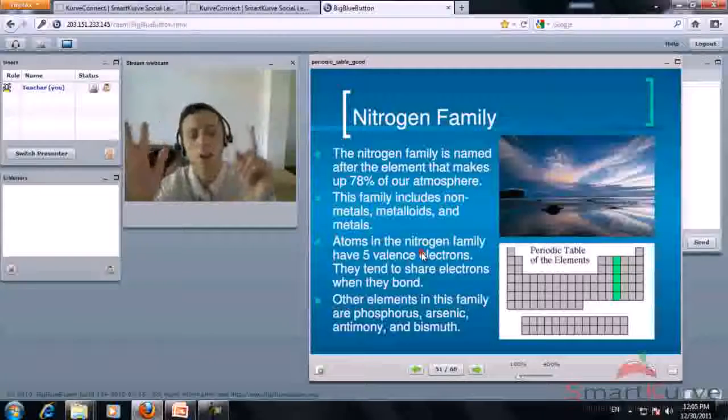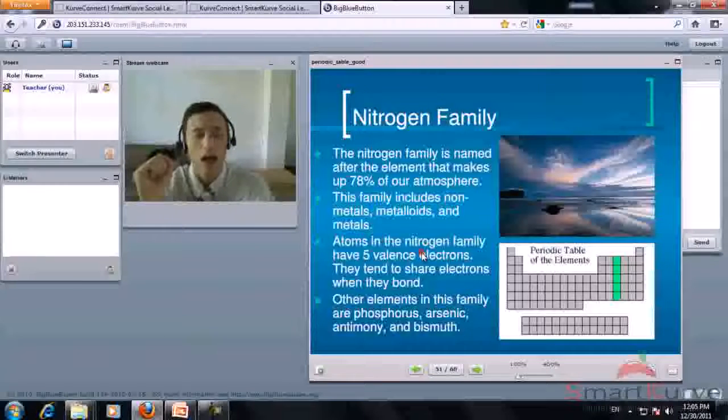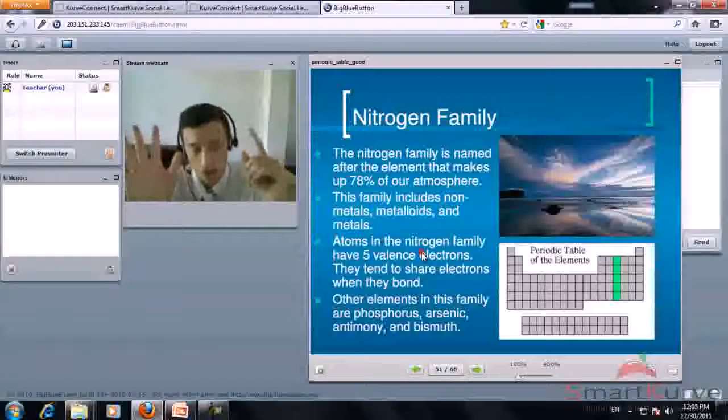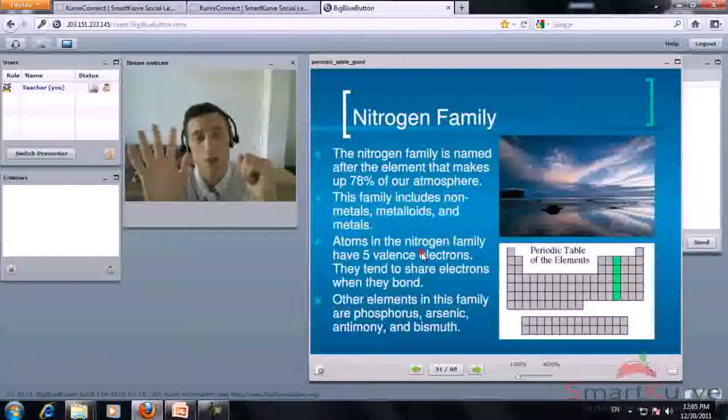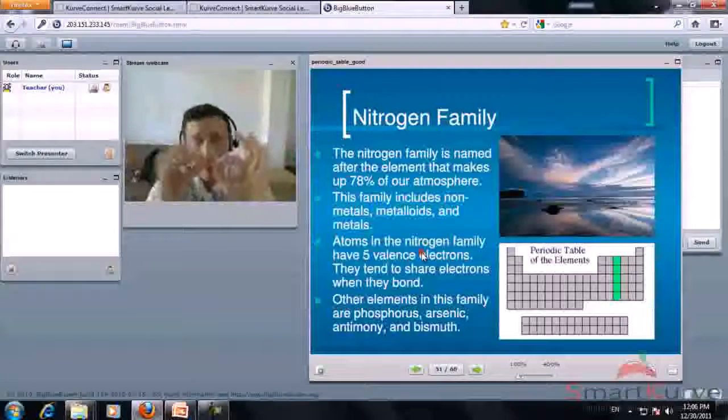Remember, nitrogen has 5 valence electrons, so it wants to gain 3 more. Hydrogen has 1 valence electron, so it wants to gain 1 more. So nitrogen can actually form a bond with 3 hydrogens, and they each share electrons.